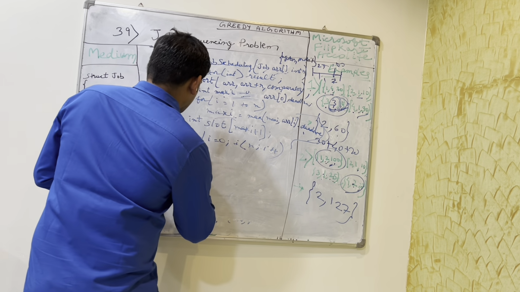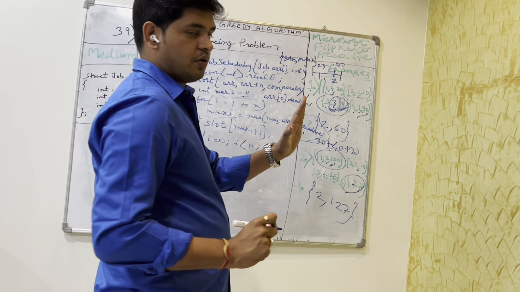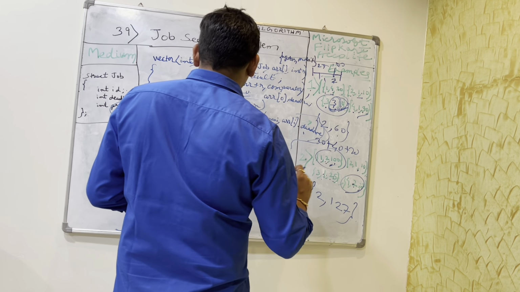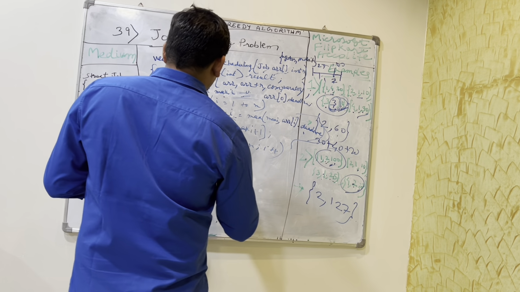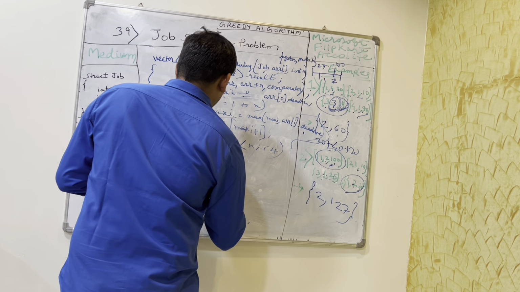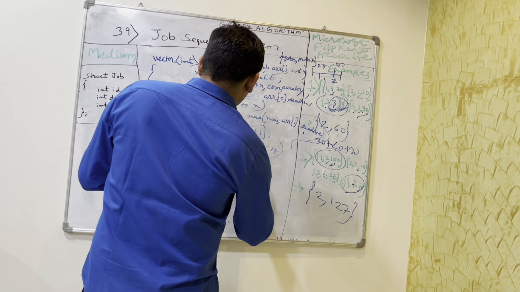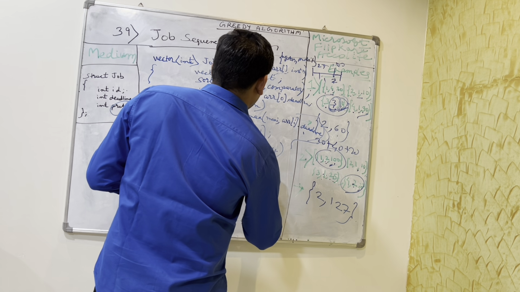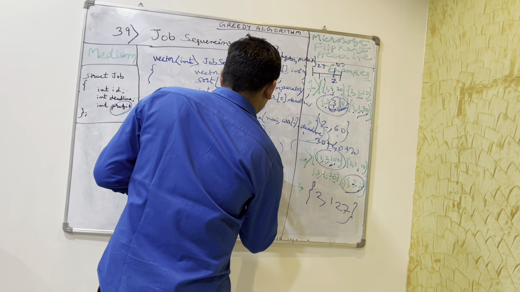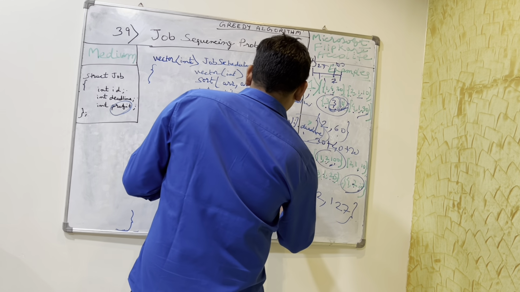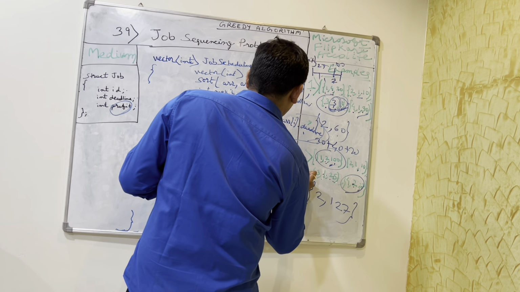Now once we have this, we need to see whether the slot is available or not for the job that we are going to take. So we have another loop, for j equal to array of i dot deadline, j greater than 0, j minus minus.